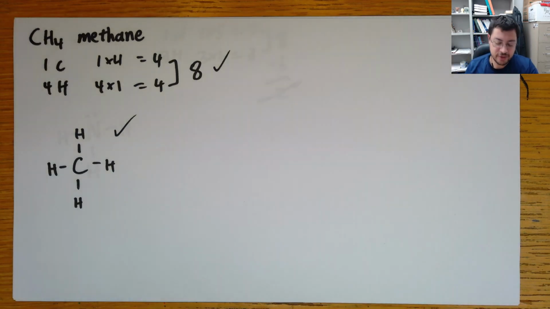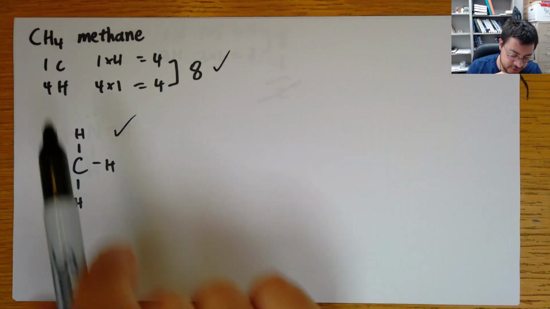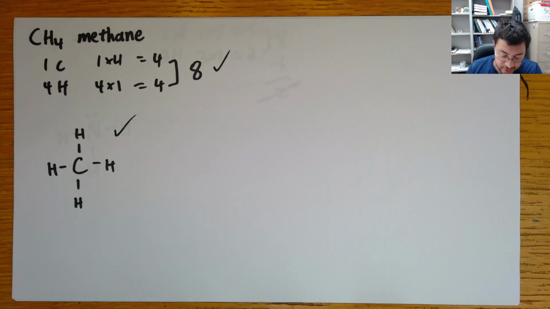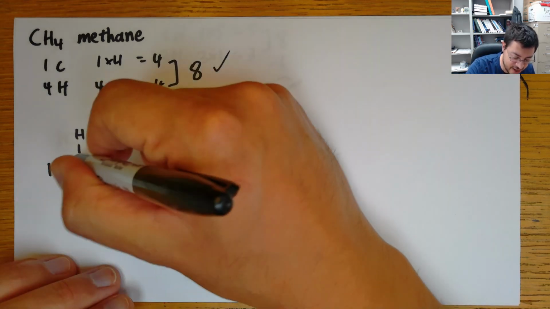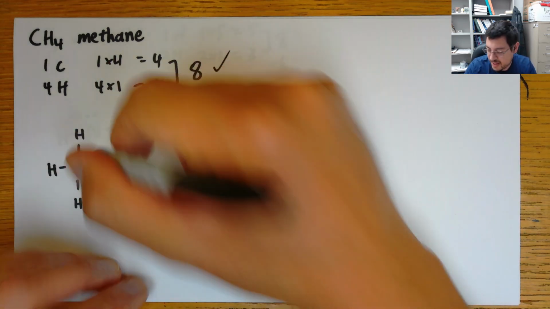All right, great. So let's go back to the beginning. We'll start with methane. Now that we've done all the Lewis structures, what I want us to do is analyze the central atoms of each of the molecules. I'm talking about the central atom here, not the outer atoms.